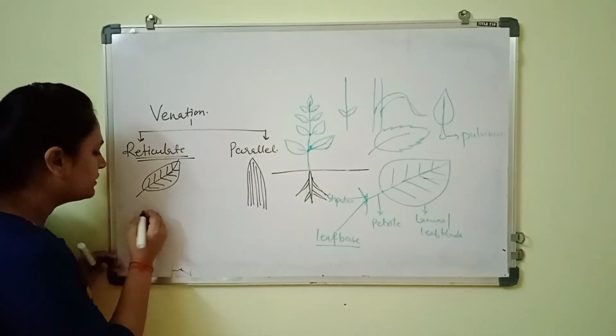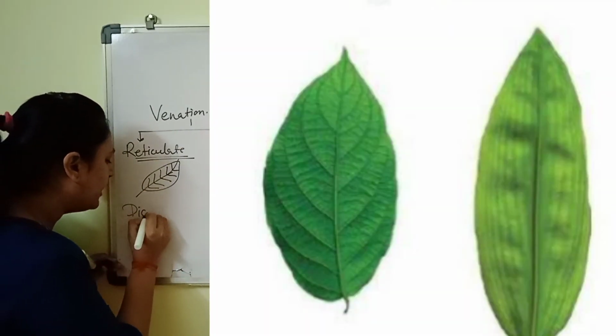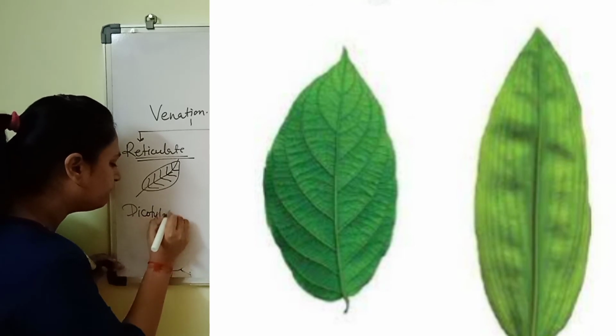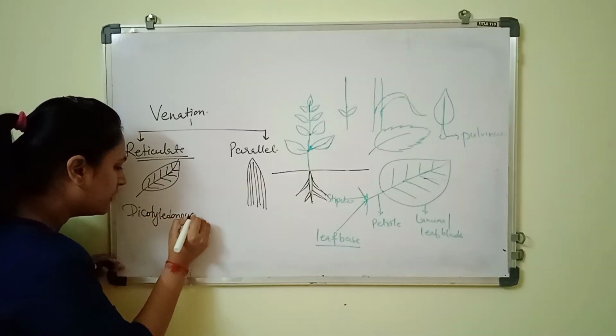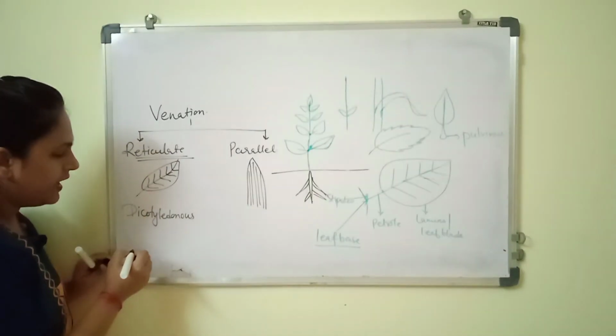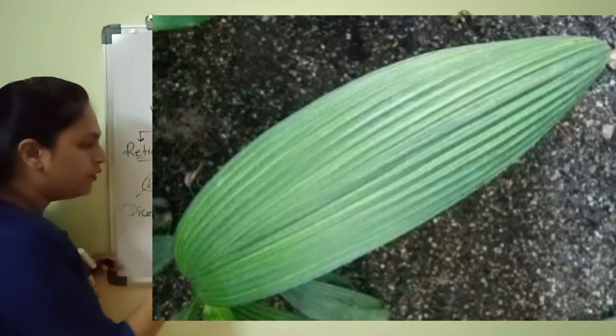Reticulate venation is seen in the dicotyledonous plants.